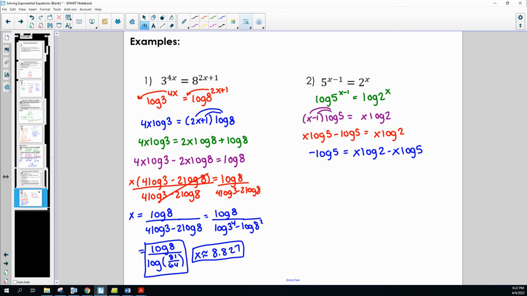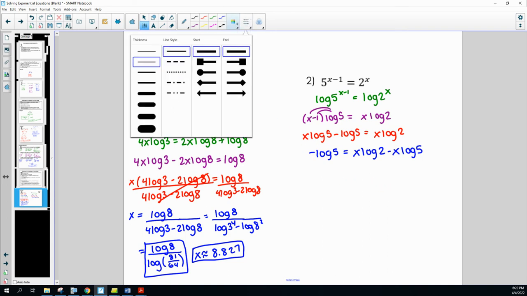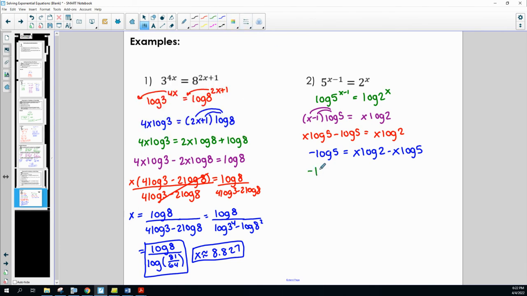So I have negative log 5. Now I'm going to factor out the x. So x is going to get factored out. I have log 2 minus log 5. I want to get x alone, so I'm going to divide both sides by log 2 minus log 5.